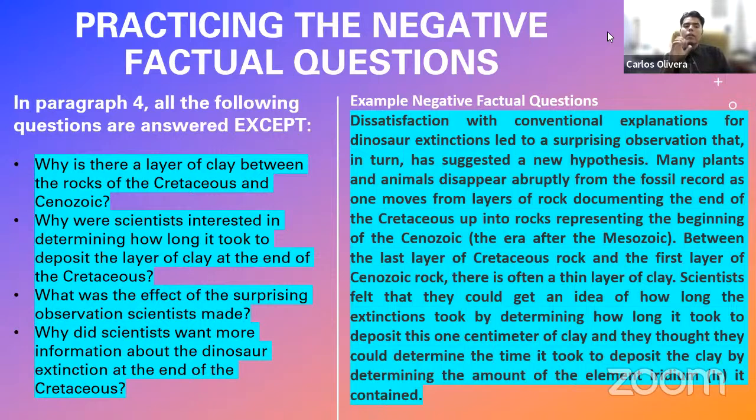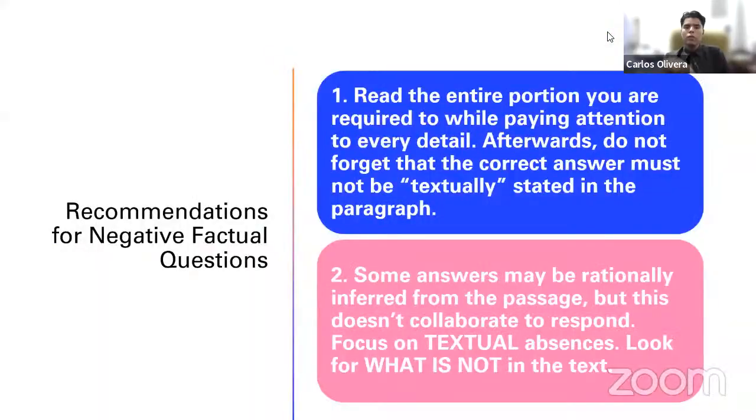So one statement or one topic out of these 4 topics was not mentioned here in the passage, and there is not a single line or sentence giving you information about that. So you have to identify that option and choose it, because that will be the correct answer. All the following questions are answered in the paragraph except one of those. So let's look at some recommendations.